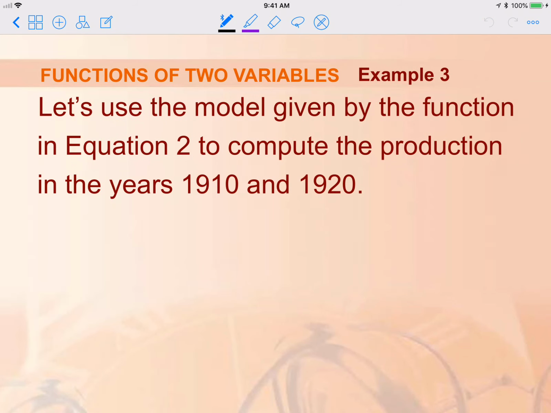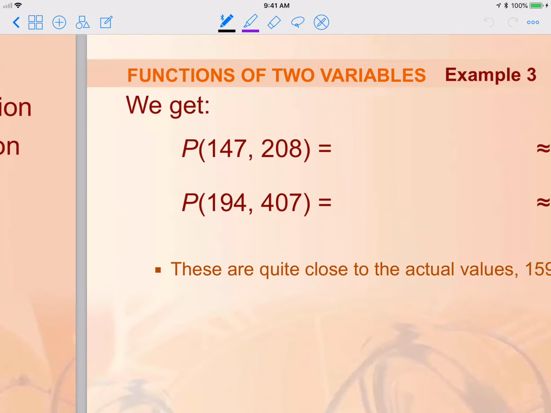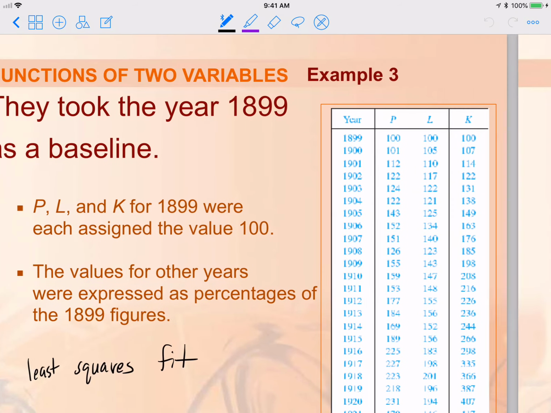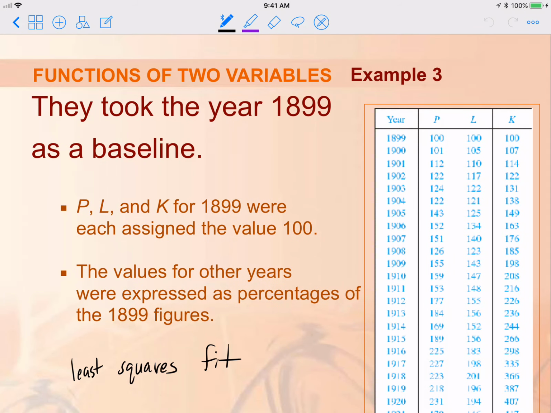Okay, let's use the model given by the function in equation 2 to compute the production in the years 1910 and 1920. For 1910, we know that L is 147 and K is 208. Let's see how close our function comes to approximating the actual value, which is 159.